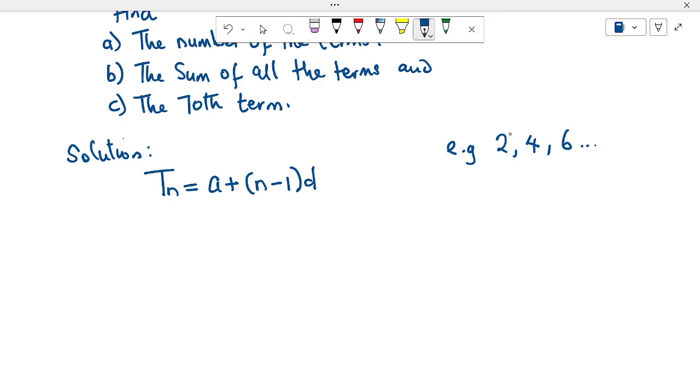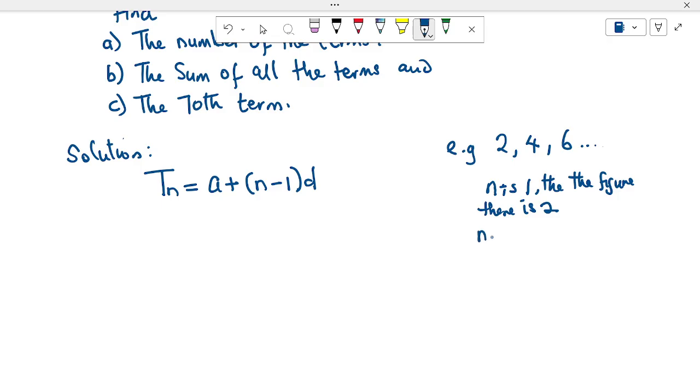A, which is the first term, here we say n equals 1. When n is 1, the figure there is 2. So n is the position.